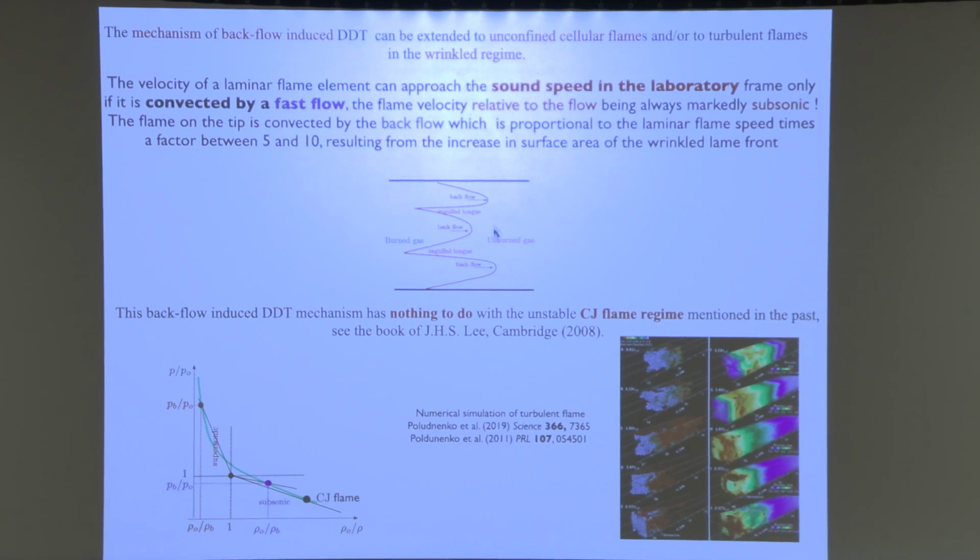The main difference between a flame and a detonation is to look at the pressure. Is the pressure larger in the burnt gas than in the fresh mixture, or is it smaller? In a flame, it is smaller. In a detonation, it is larger.